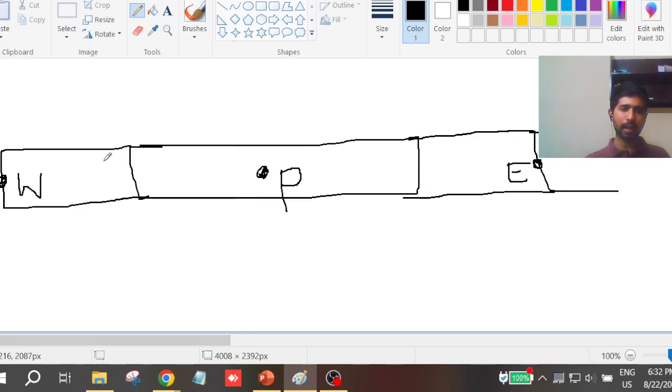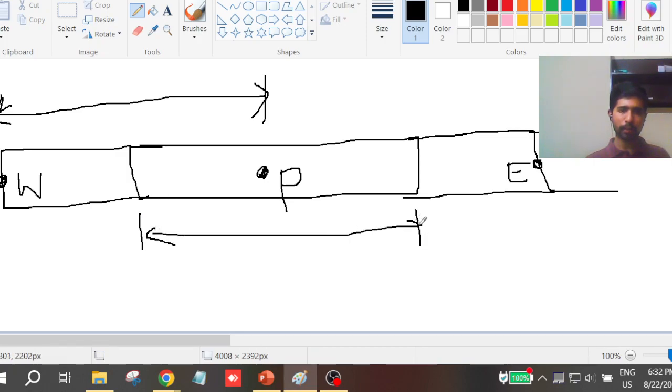There are some terminologies which you can form on your own. I don't say that you have to strictly follow this. One thing is the distance between the two centroids, and then the width of the control volume. There are two geometric parameters.